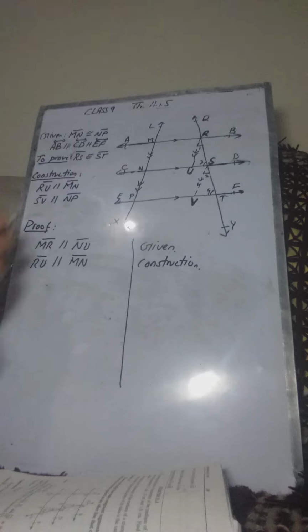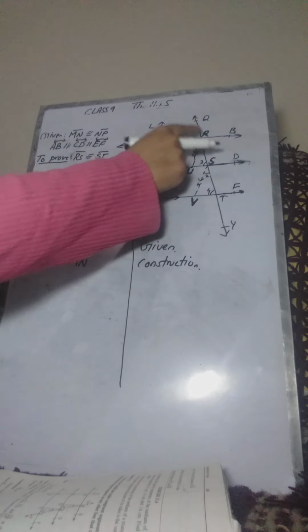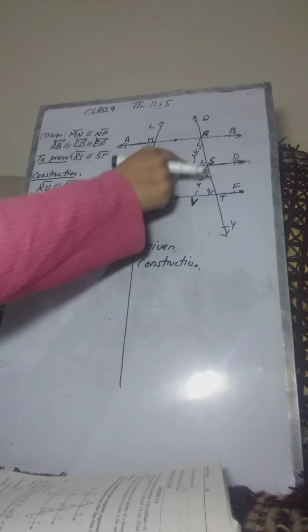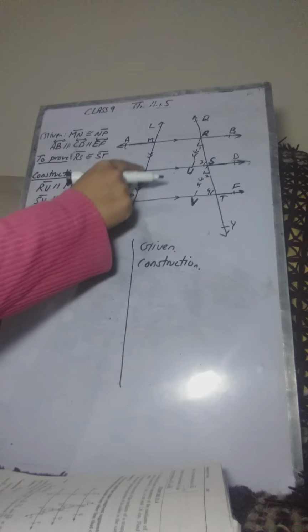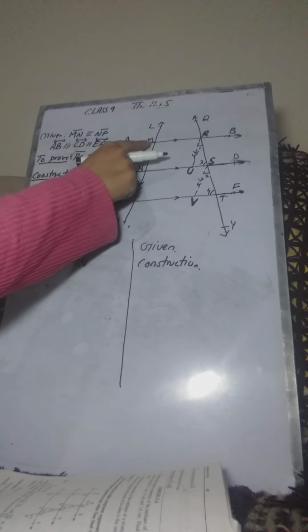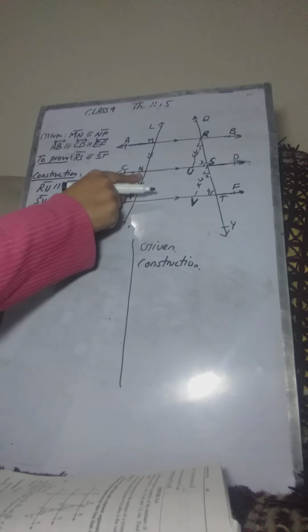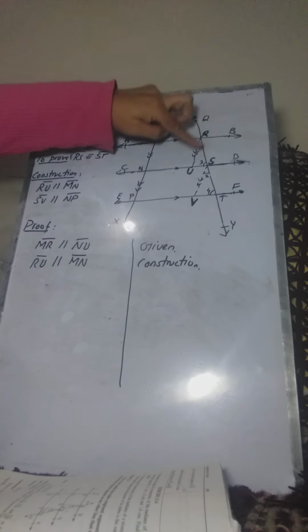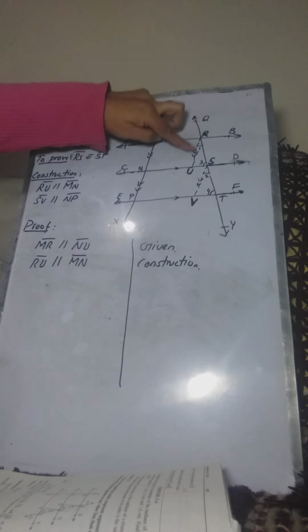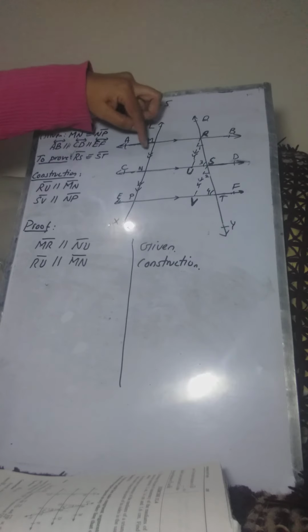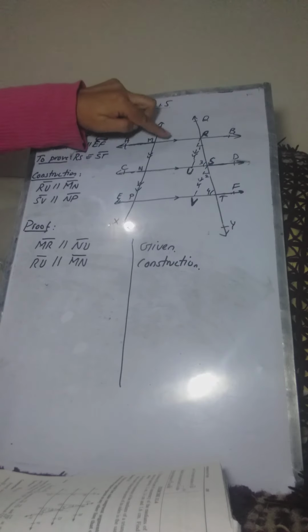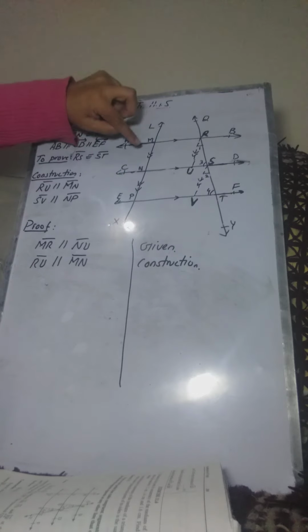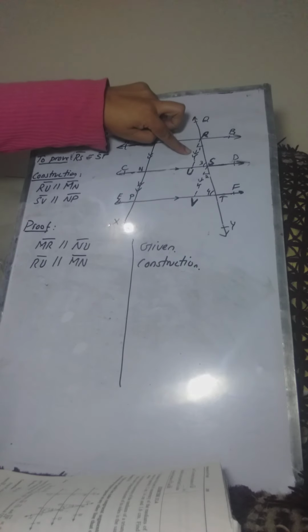Now, what does it tell? It means that MR is parallel to NU and RU is parallel to MN. If you consider this quadrilateral MRUN, this quadrilateral is a parallelogram because its opposite sides are parallel. These two were given to be parallel, and these two we have constructed as parallel.